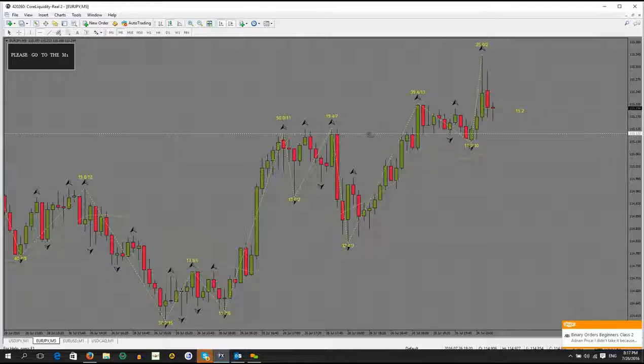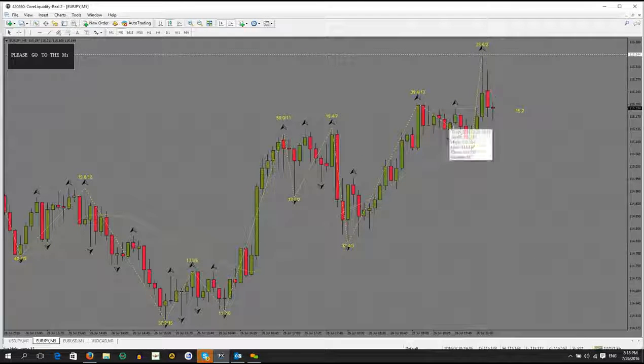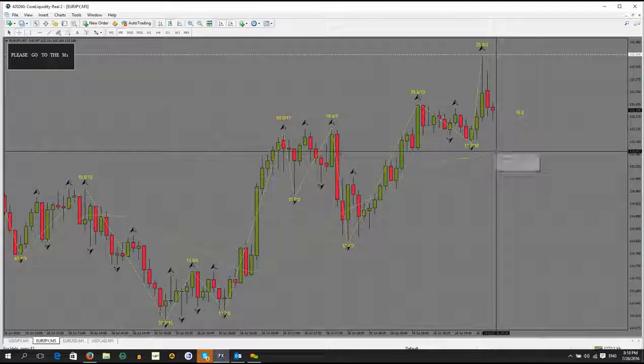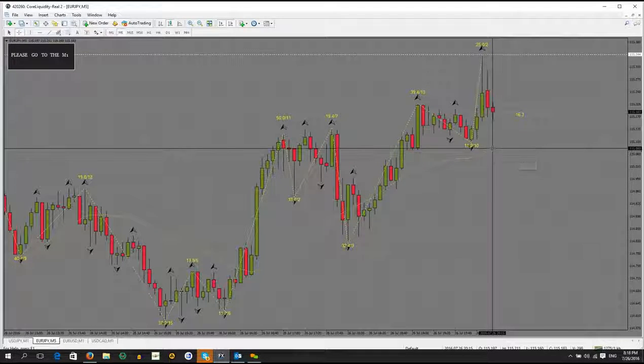We are watching the 5-minute chart because we are interested in the support levels that happened 1 hour, 2 hours, 3 hours, 5 hours ago. We are not interested in the levels of support and resistance that happened 20 hours ago or 2 or 3 days ago. We are taking action on binary options with short expiration time.